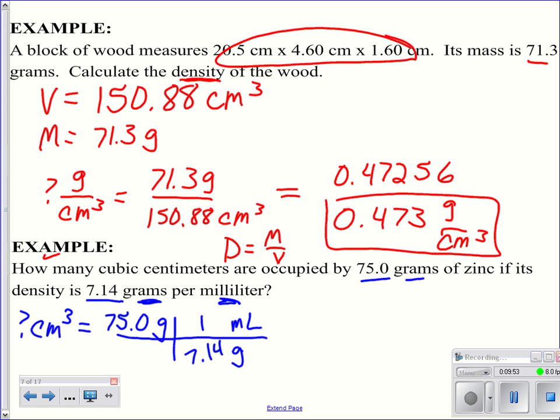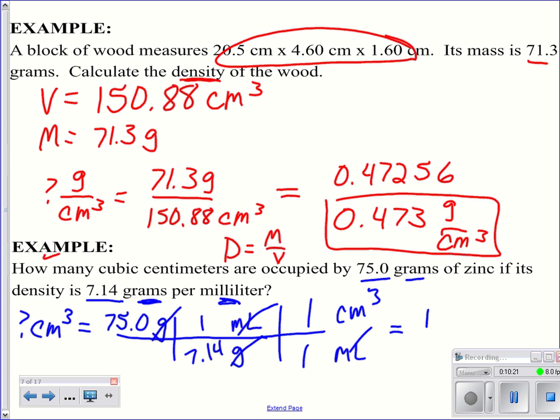That's why we went ahead and started with our 1 unit because we weren't sure what was going to happen with our 2 units, if our numerator or denominator was going to have to flip like this. So now that we've got it in milliliters, we get rid of the milliliters and we go to cubic centimeters. Easy conversion, but all that does is get us from volume of a liquid to volume of a solid.